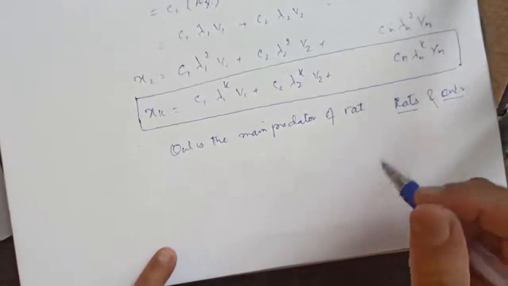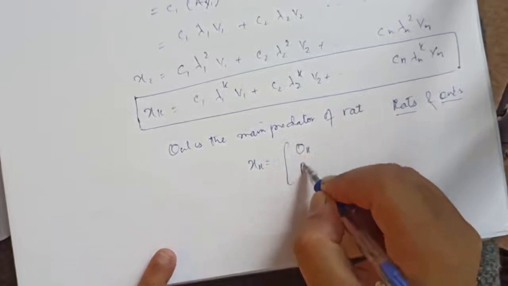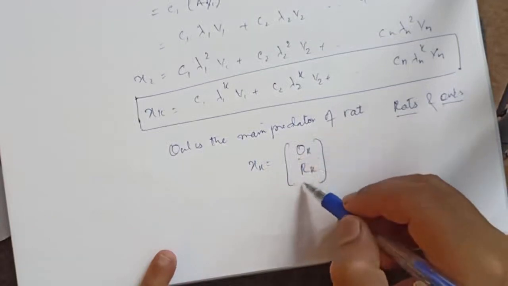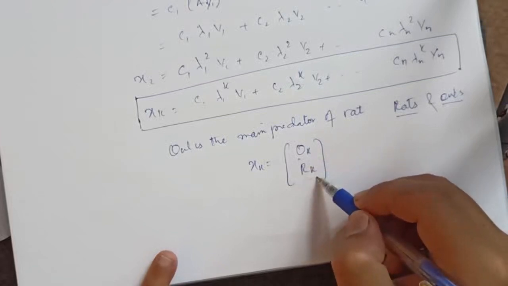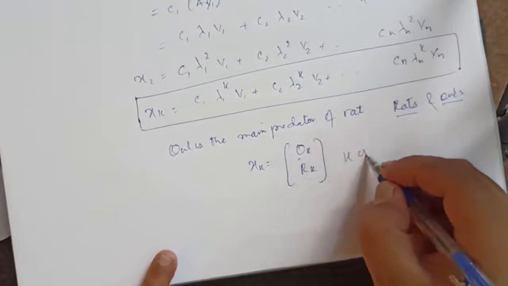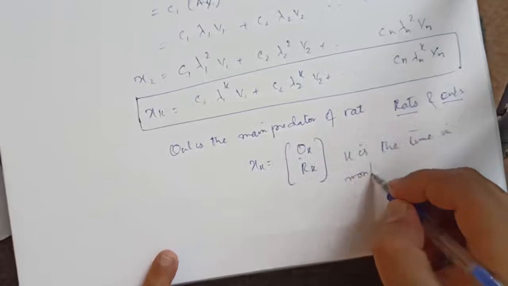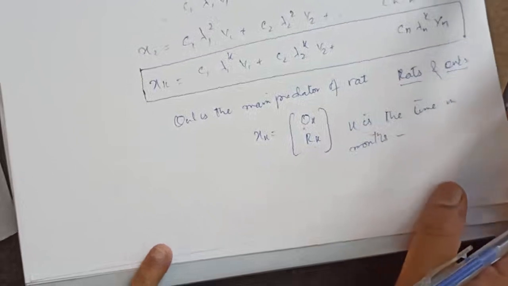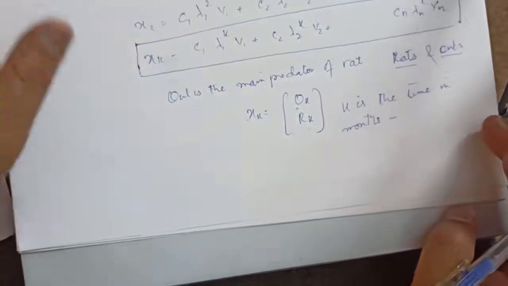We define a vector x(k) equals (O_k, r_k), where O_k is the population of owls at time k, and r_k is the population of rats at time k, and where k is the time in months.